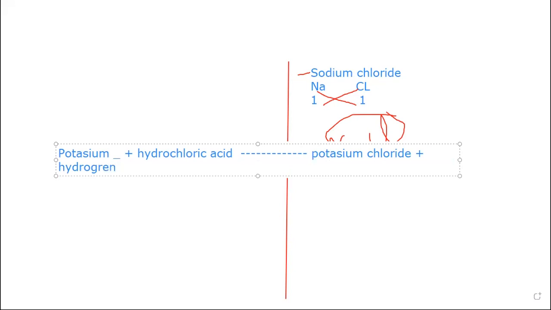Great. So potassium plus hydrochloric acid gives potassium chloride plus hydrogen.